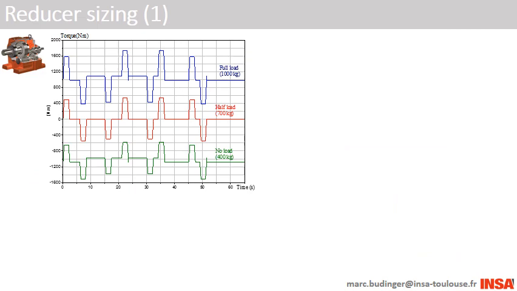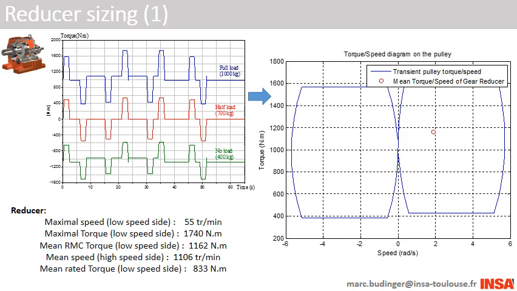Based on the mission profile of the reducer's slow axis, we're able to determine maximum speed, maximum torque, mean torque RMC in fatigue, and the corresponding speed. For a reduction ratio equal to 61, the average speed is about 1106 revolutions per minute on the slow axis.